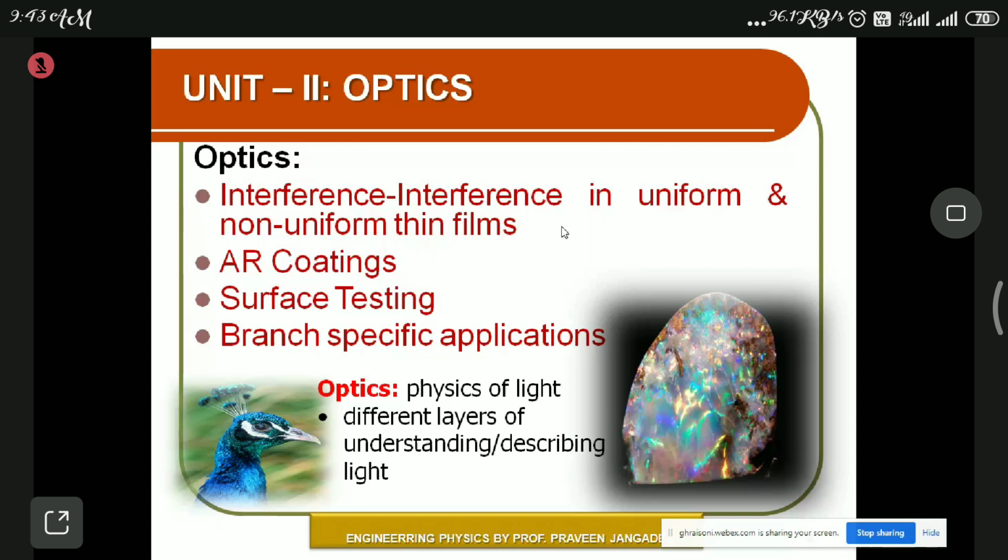How we can understand or describe light, whether it travels in a particular medium or different media, and how it will travel, all of this we can study under the head of optics. So optics is the physics of light, where we describe or understand light.